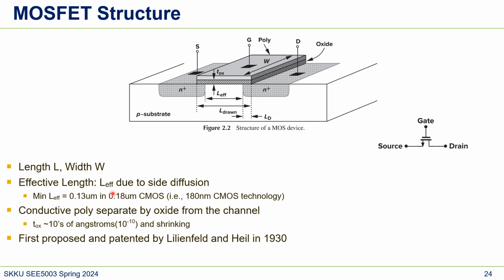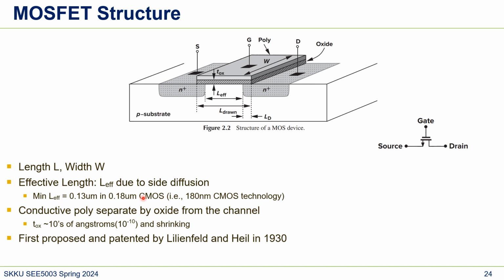Because I guess some of you are not familiar with this number, what does it mean? Why do they put a number in front of CMOS? It means the smallest length that we can draw in CMOS.